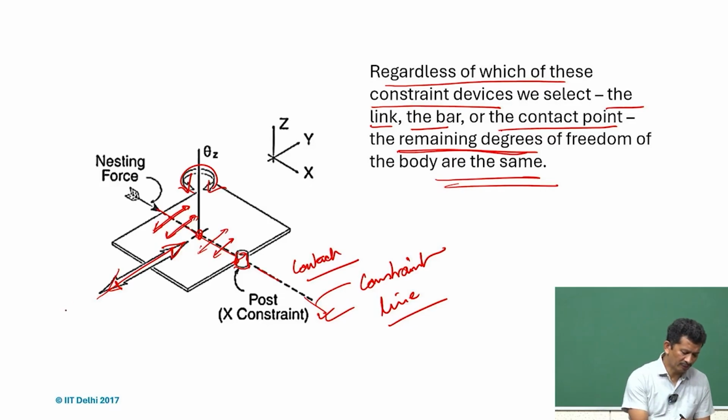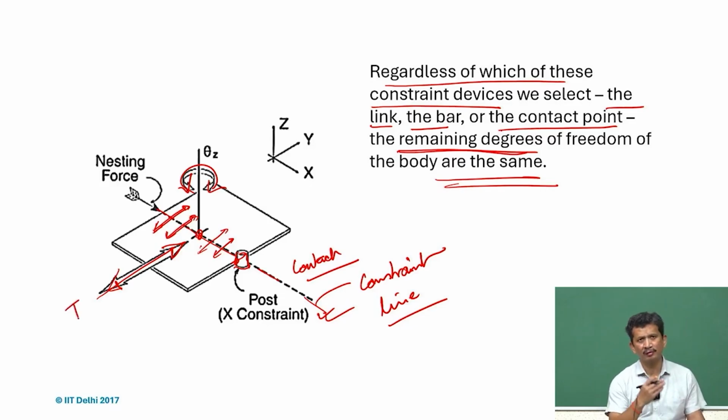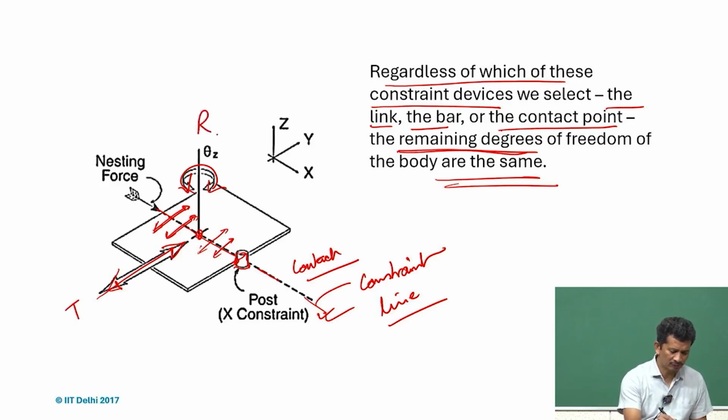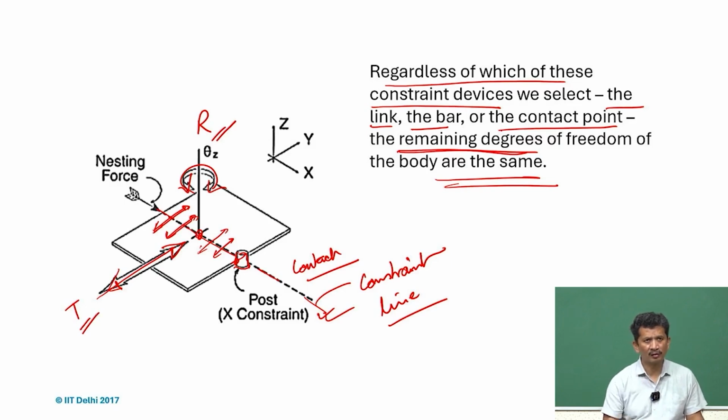So, it is very important that this translation perpendicular to the constraint line and the rotation along the perpendicular axis passing through any point on the constraint line will be possible. It might be difficult to understand or visualize that, but if you try it, we can easily see, and we can start with placing any object against a contact point.